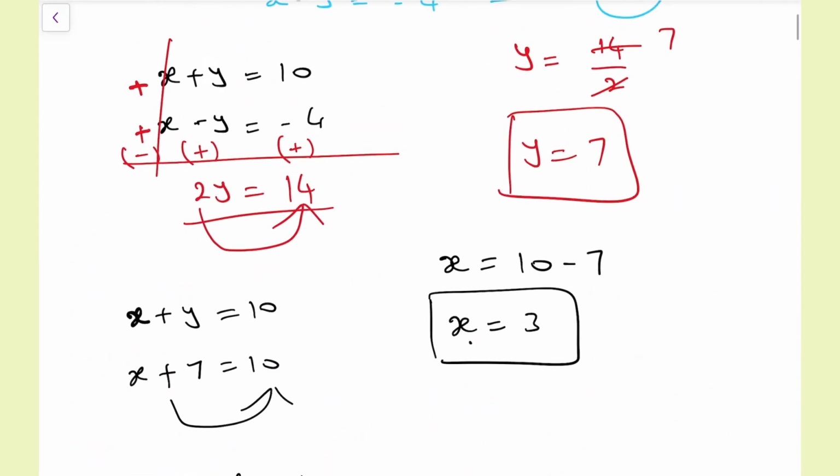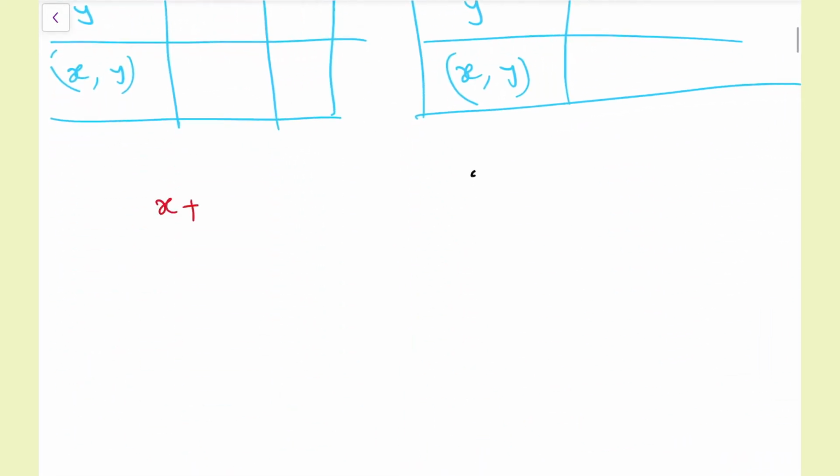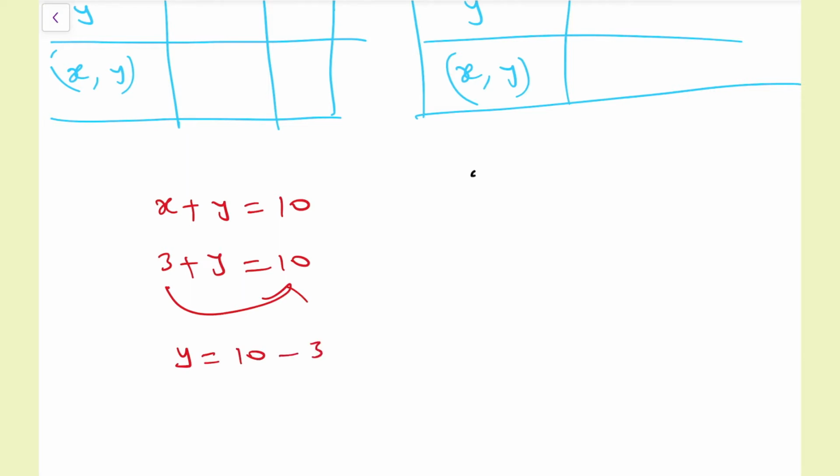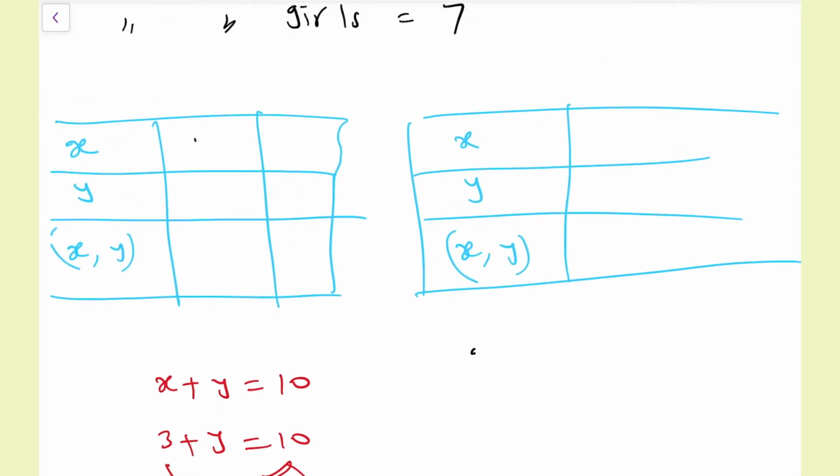The first equation we have is X plus Y equals 10. In the place of X, I am substituting 3. 3 plus Y equals 10. Take 3 to the right side. So Y equals 10 minus 3. Y equals 7. Let us write this in the table. In the place of X, I substituted 3 and Y value I got as 7. So our point will be 3 comma 7.